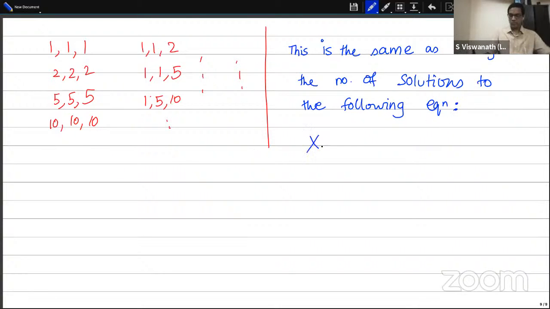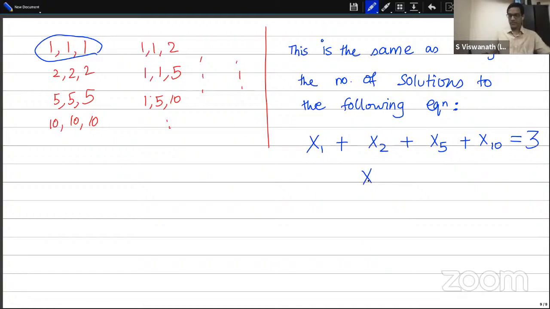Let's call them x1, x2, x5, and x10, where x1 means how many 1 rupee coins there are in your choice. x2 will be the number of 2 rupee coins, number of 5 rupee coins, and number of 10 rupee coins that you choose. And the total number of coins is supposed to be 3.